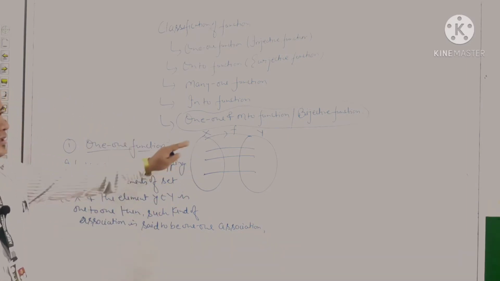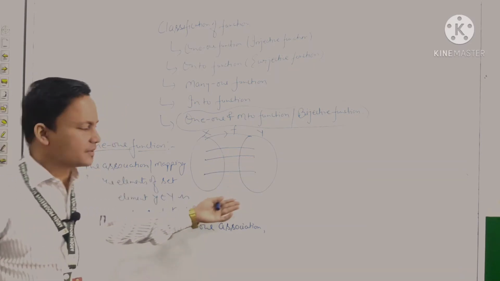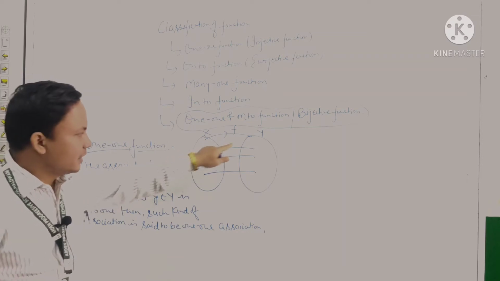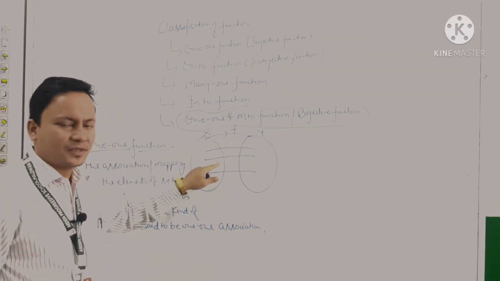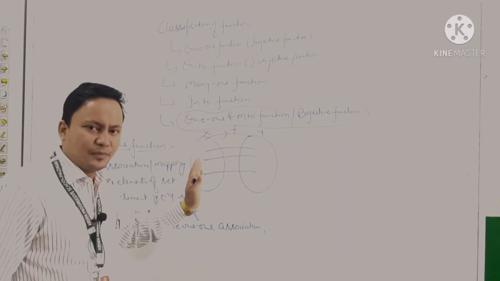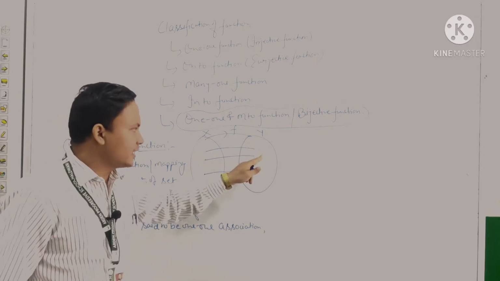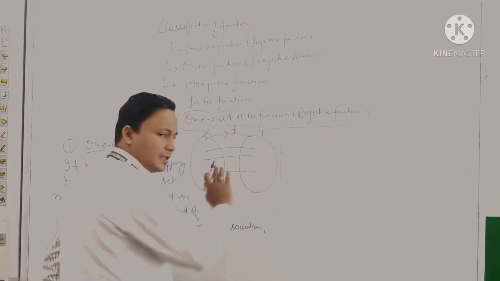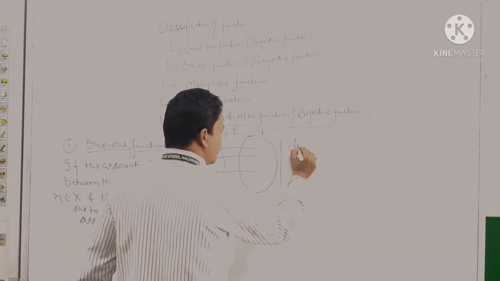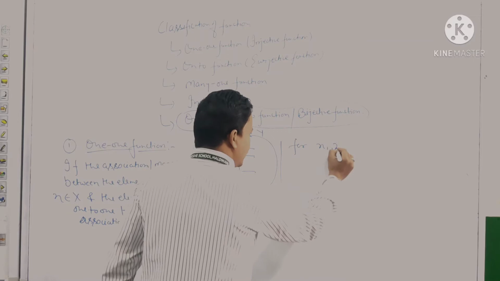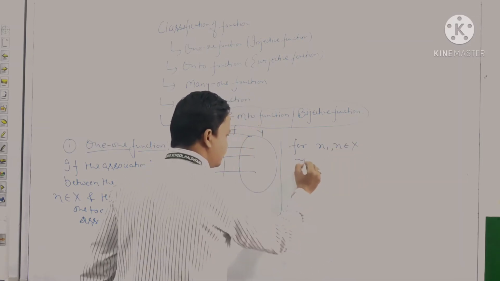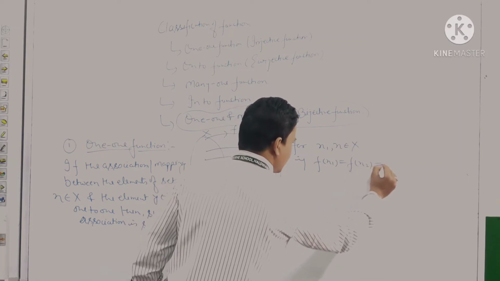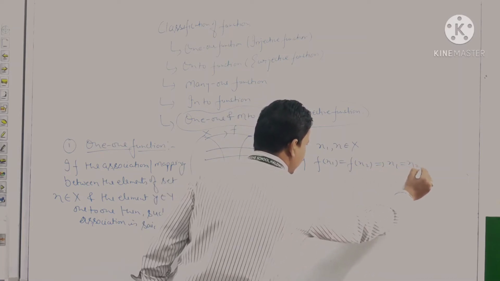Okay, now you can clearly check here by watching this pictorial diagram. The association between the elements of set x and the elements of set y is 1 to 1. There are no two elements associated with the same element of set y. Mathematically we can write: for x1, x2 belongs to x, if f of x1 equals f of x2, this will imply x1 equals x2.